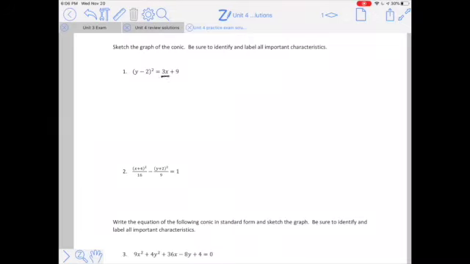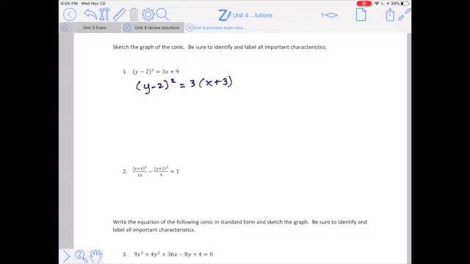What we need to do, though, is that right side needs to be also in factored form, because we've got to be able to figure out what the horizontal shift was. We know that there's a vertical shift up 2 units, but we don't know what the horizontal shift is. So first thing we do is rewrite the equation. Because now that tells us there's a shift to the left 3 units.